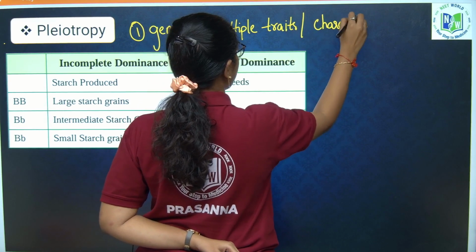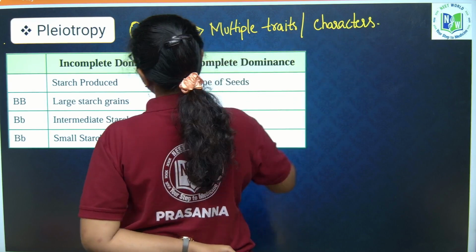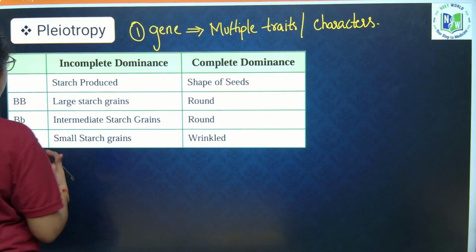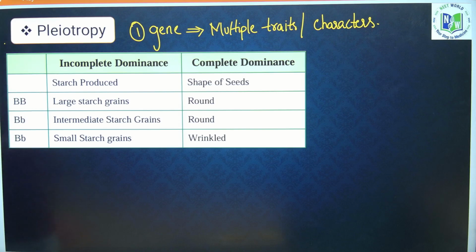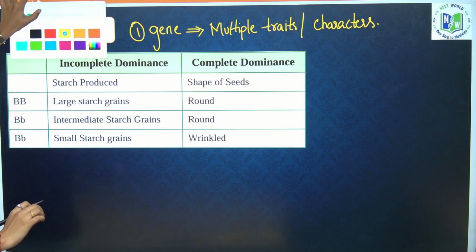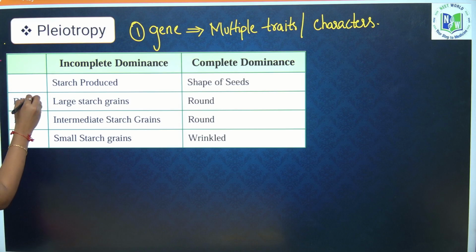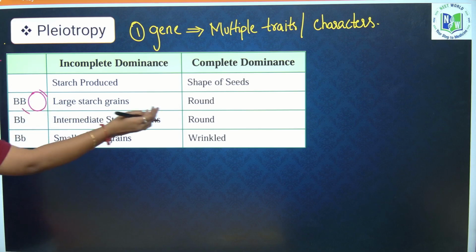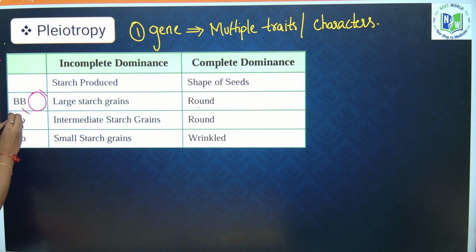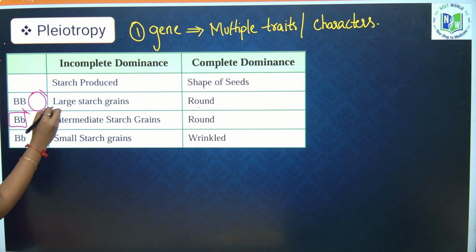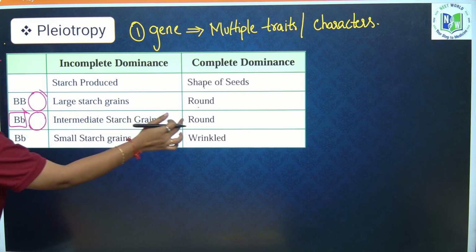Multiple traits or characters is called pleiotropy. Let us assume starch synthesis, wherein capital B is synthesizing large starch grains and the shape is round. Capital B, small b, is also intermediate size of the grain and it is round.